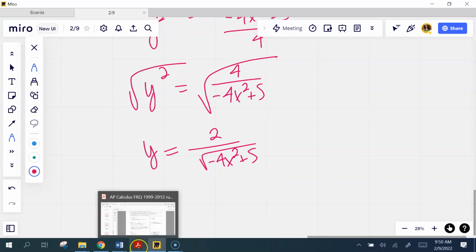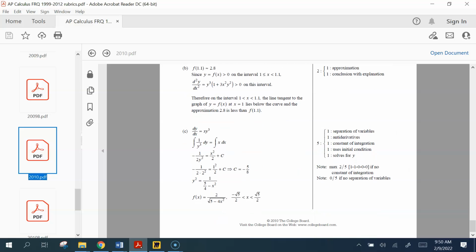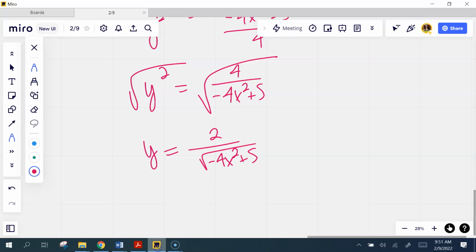Okay, so let's look at the answer. What was mine? Negative x. Yeah, if you put a 4, yeah.